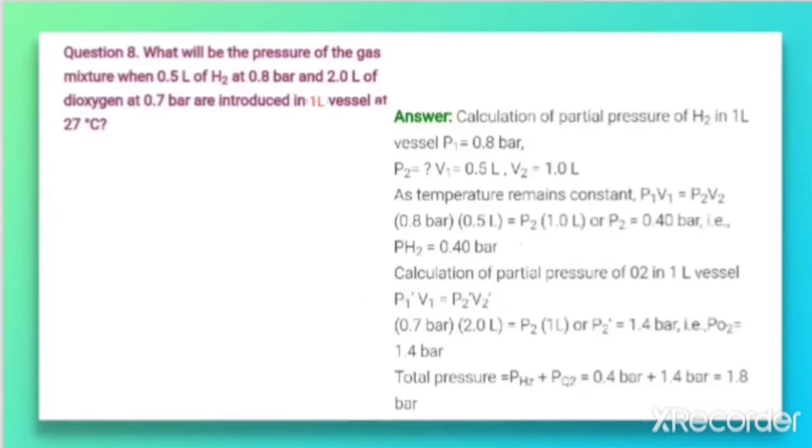When you solve this by applying the values, you will get the partial pressure of O2 as 1.4 bar. So this is the partial pressure of oxygen, and here we got the partial pressure of hydrogen. When you make the sum of the partial pressures of hydrogen and oxygen at the 1 liter vessel, you will get the answer, that is 1.8 bar. So this is the answer for this question.